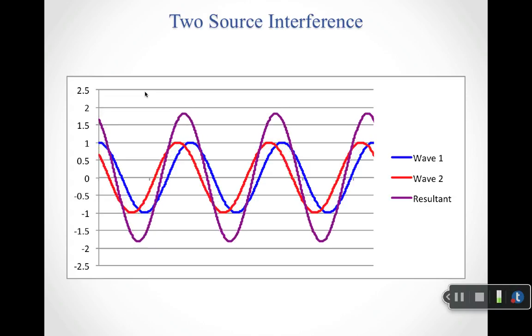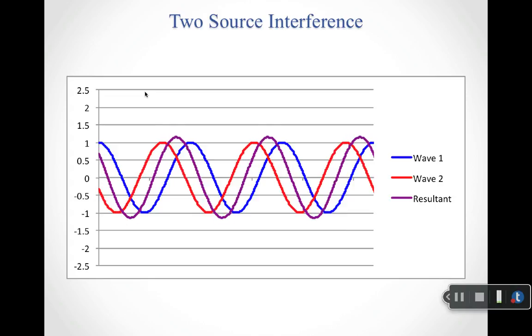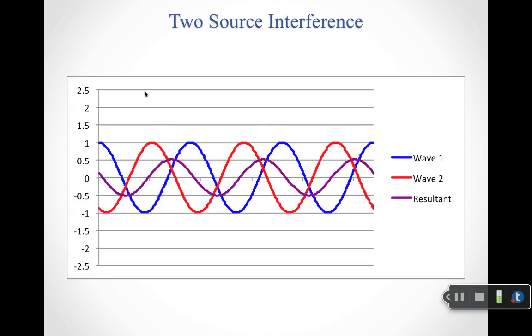As I start sliding one of them relative to the other, notice what happens to the amplitude of the resultant wave. It's decreasing, and eventually it ends up in a situation where my waves are mostly canceling each other out. So pick any point you want. Here we'll pick, right here.